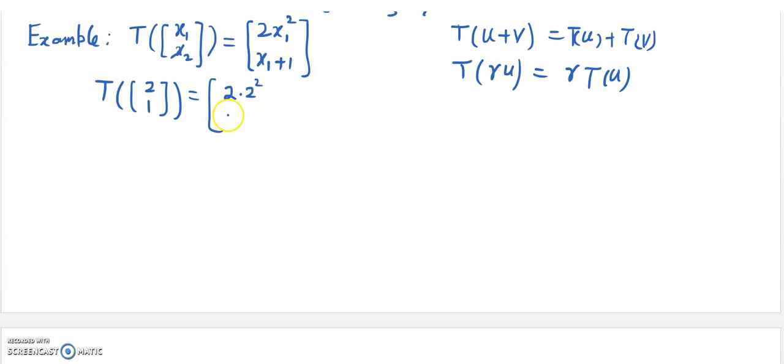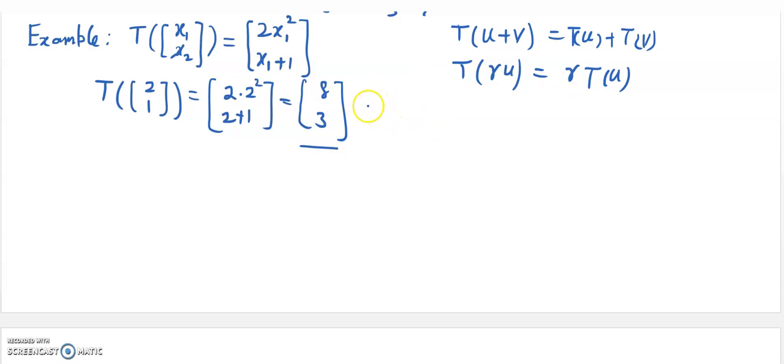So it will be 2 plus 1, which gives (8, 3). So this is T(u).